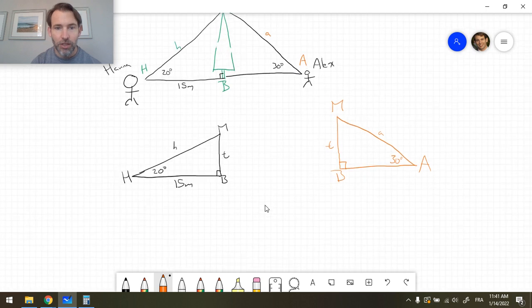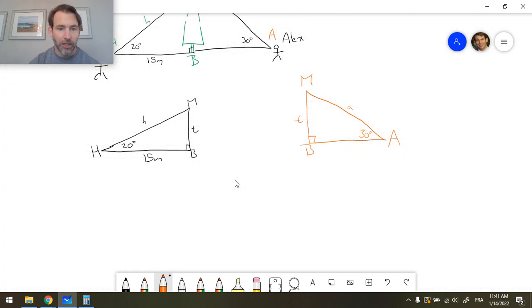Okay, so first, we recognize that this will be cosine, sorry, tangent, because this is opposite side, and this is adjacent side. All right, so tan 20, because that's the angle, is equal to t over 15.